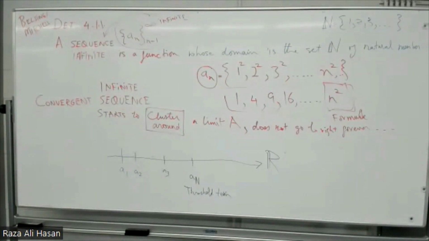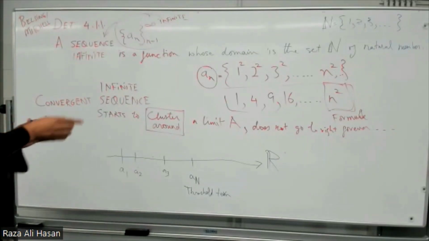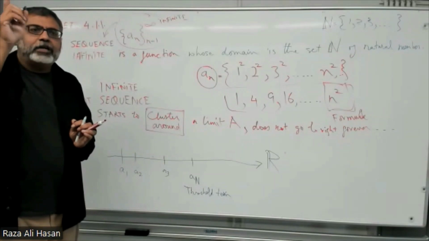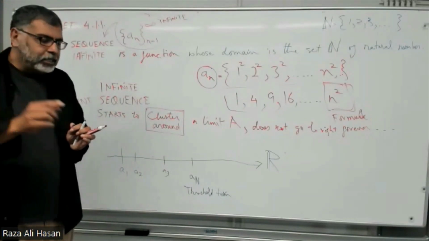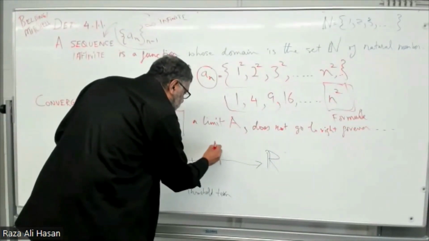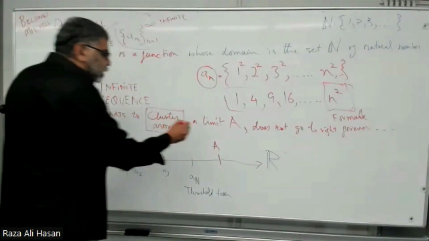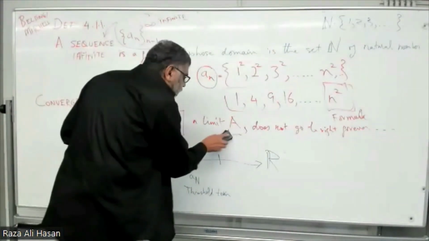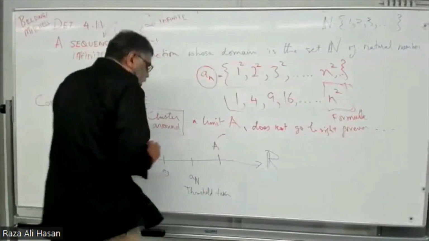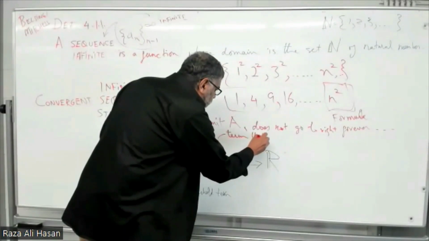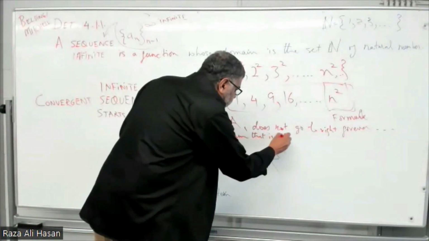After the threshold term, all the terms of the sequence are going to start clustering around a term that we're calling the limit of the sequence, a term that we are going to name A. Let's call it the term that is the limit.